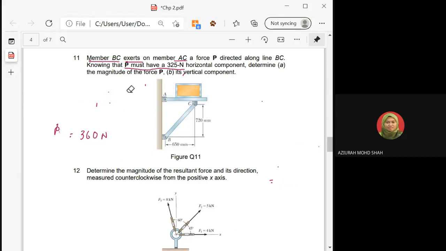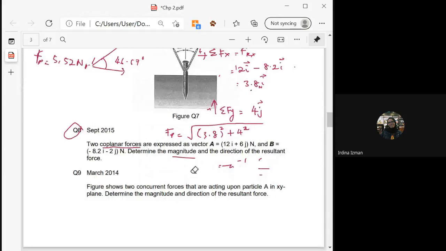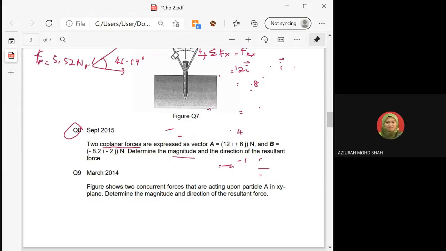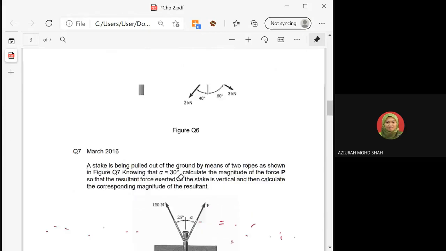Did you still remember? Tak ingat ke? Question 4, madam. Kita buat Question 4 last week. Alright. Kenapa saya nak gunakan the same question? Because we're going to use rectangular component pula untuk selesaikan dia ya.